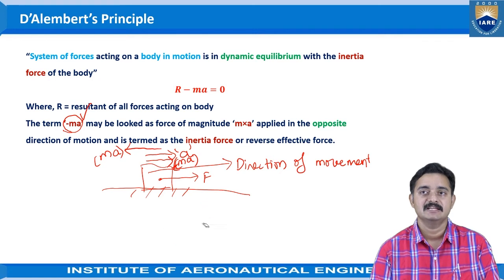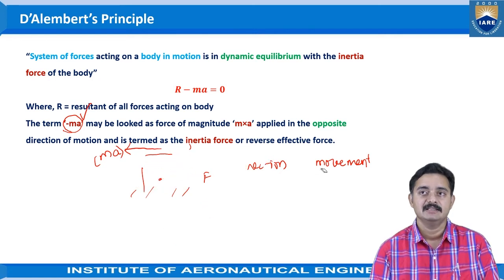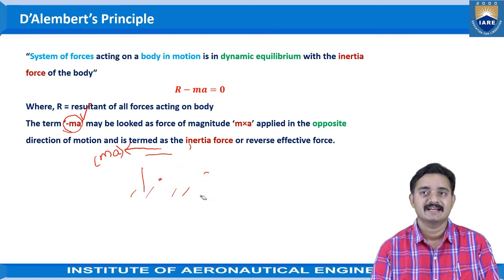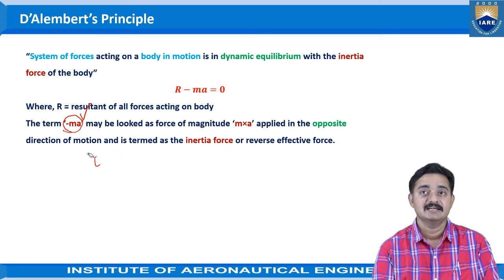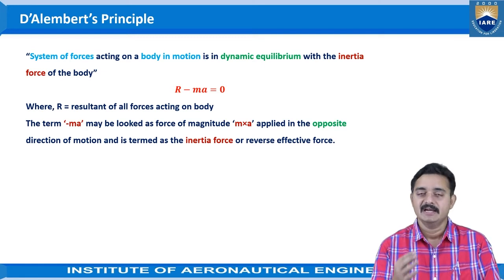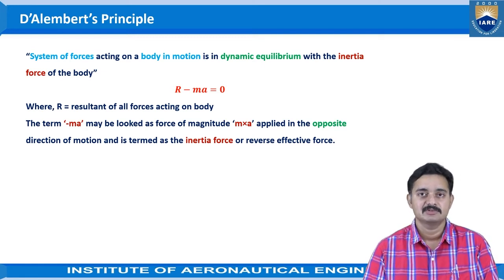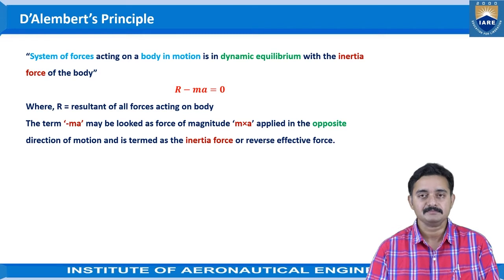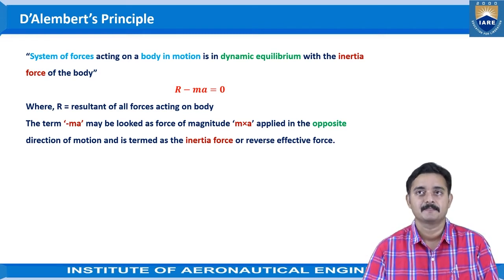This is how the inertia force will be involved in solving kinetics problems. Whenever there are problems related to kinetics, the inertia force term will be involved in the system, and its representation will be in the opposite direction to the acceleration.